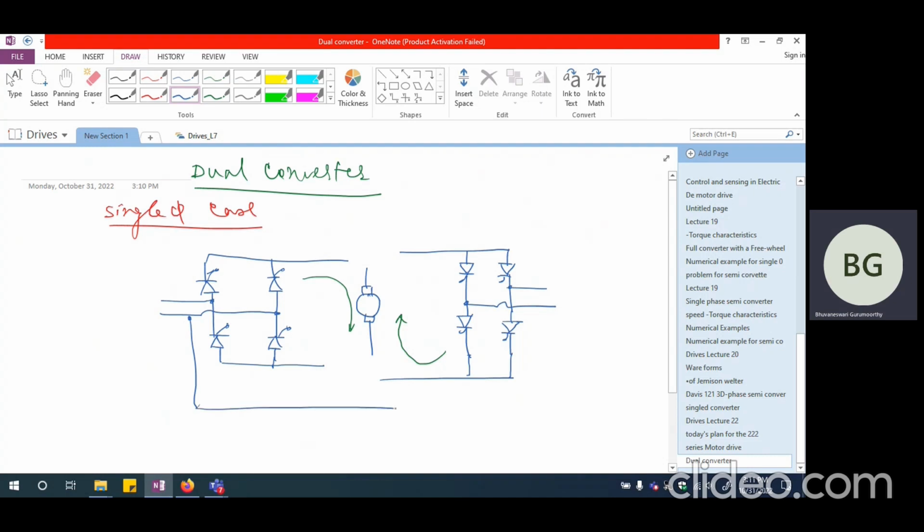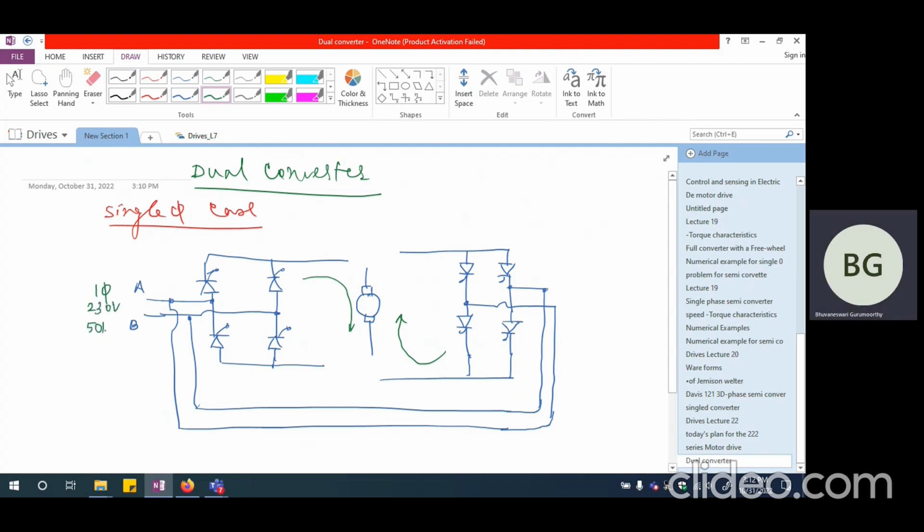This terminal of the power supply is going to be connected to the same terminal, and the other terminal of the power supply is going to be connected here. So if I say this is A and this is B, and this is a single phase 230 volts 50 hertz supply, this A is connected here as well, and this is connected as B here.